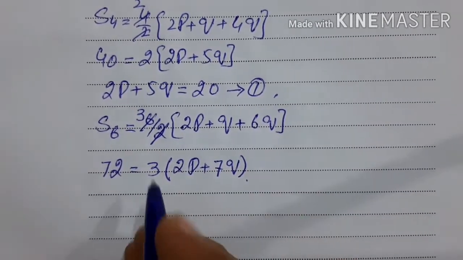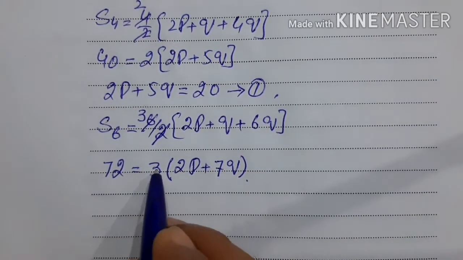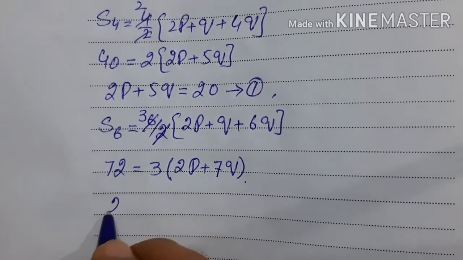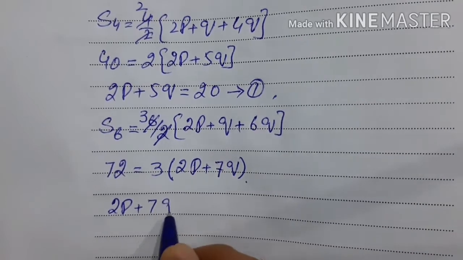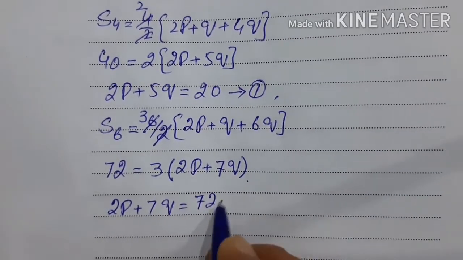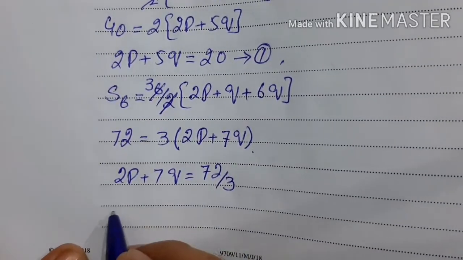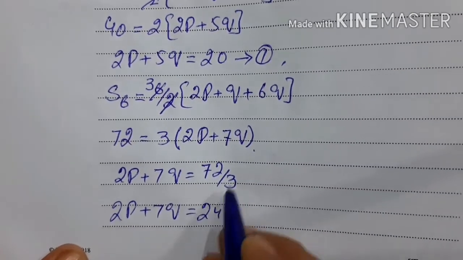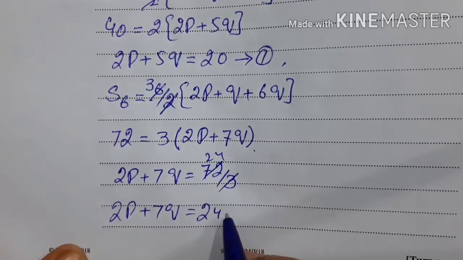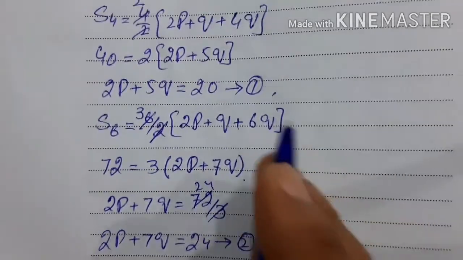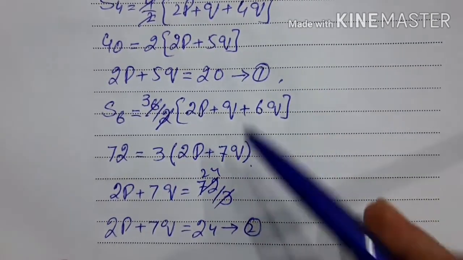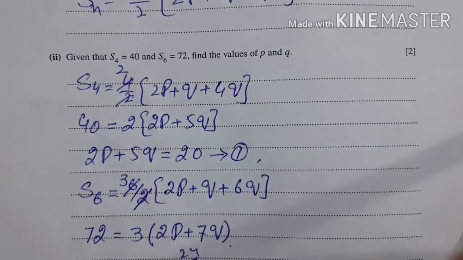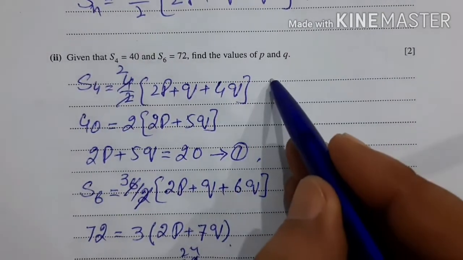Take 3 on this side, so 2p plus 7q is equal to 72 over 3, which is 24. This is equation number 2. Now I've got 2 equations, so I'll solve them simultaneously for p and q. I'll have to use this space.